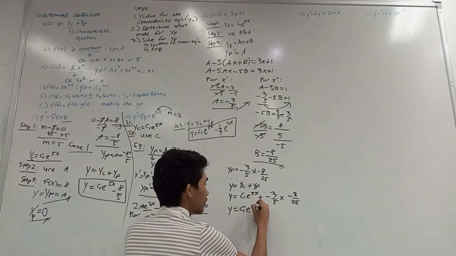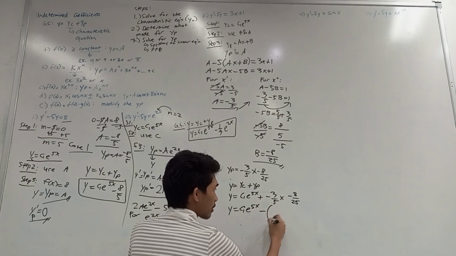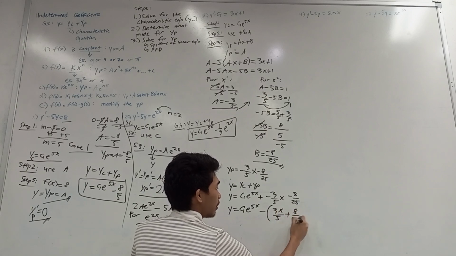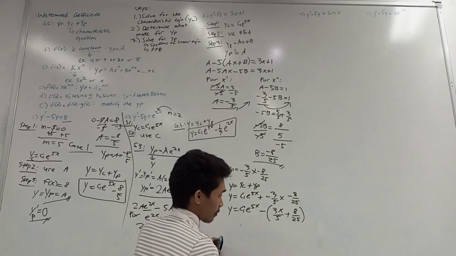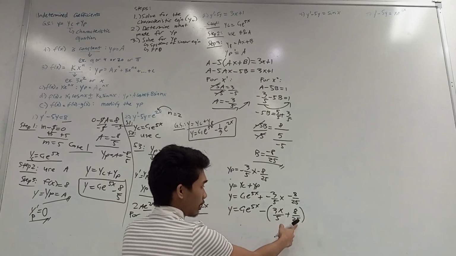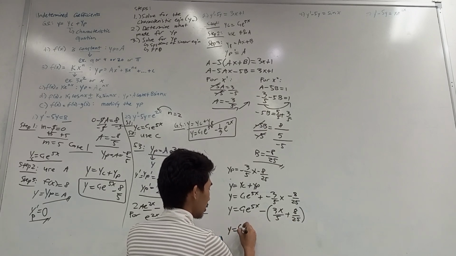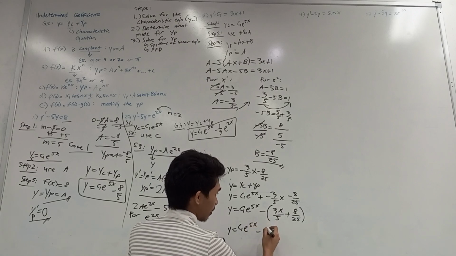C1 e raised to 5x minus 3x over 5 plus 8 over 25. So, factor out tayo 25. Y is equals to C1 e raised to 5x minus.